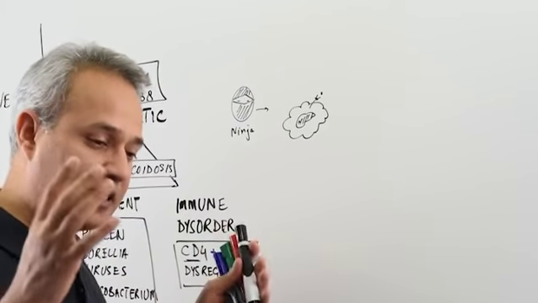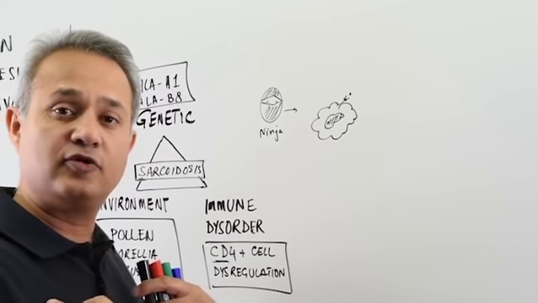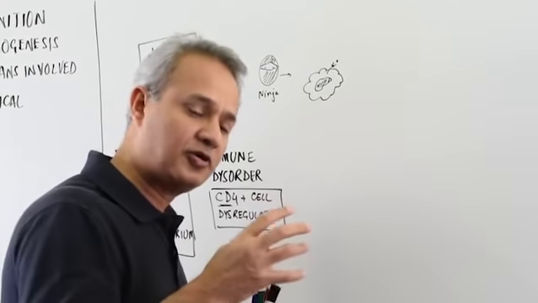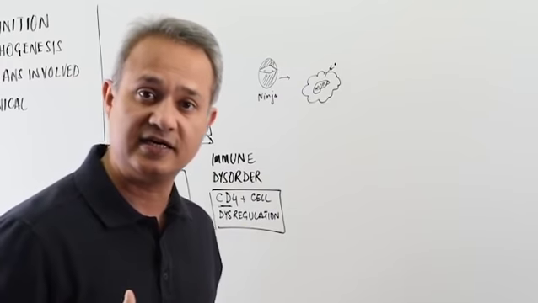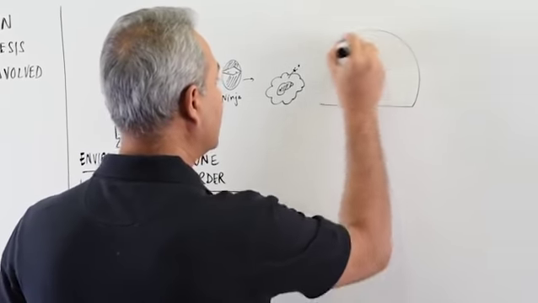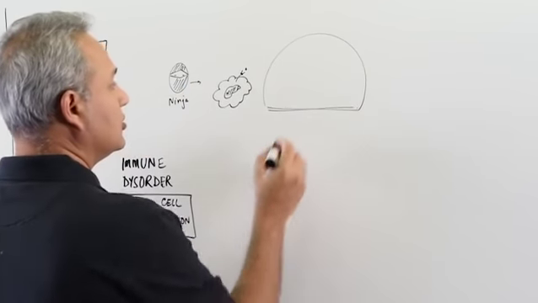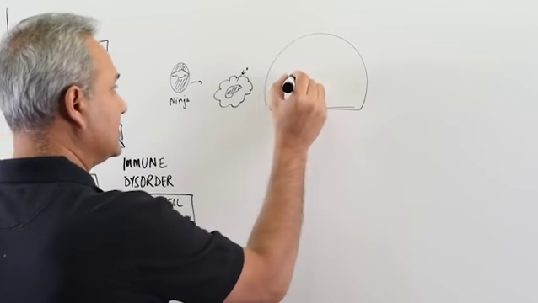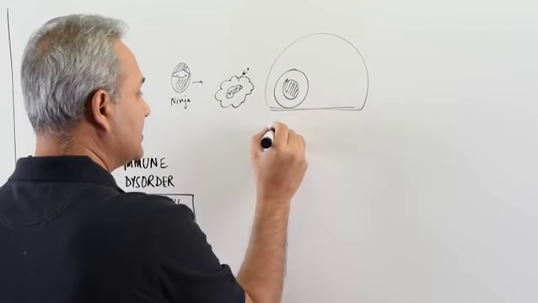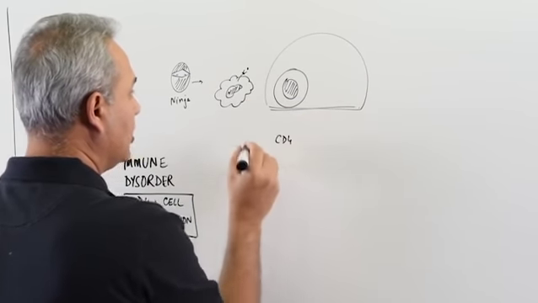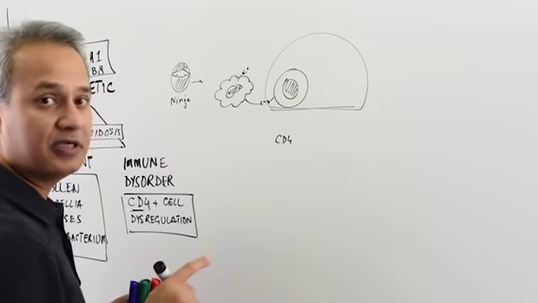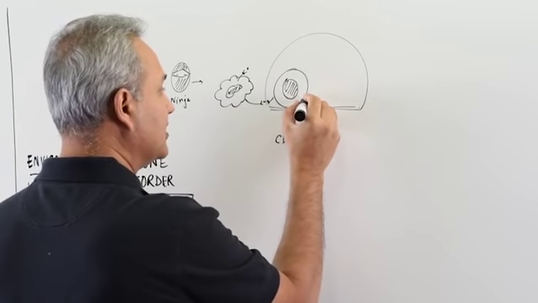With sarcoidosis, keep in mind the hilar and paratracheal lymph nodes. So the macrophage is going to run there and say to the cells, which cells there? T cells and B cells sitting in those lymph nodes, and say, dude, I got this antigen. So the CD4 cell that is sitting here, let's say this is a CD4 cell, will be presented with the antigen, and it will start releasing IL-2.